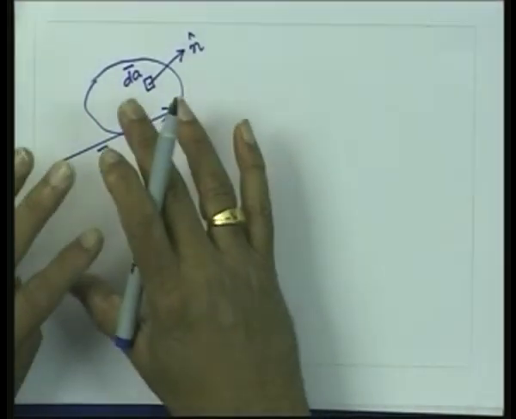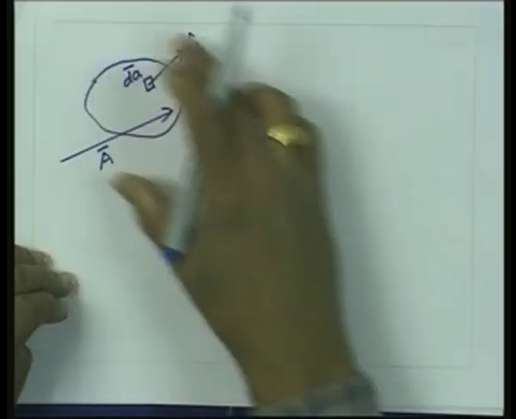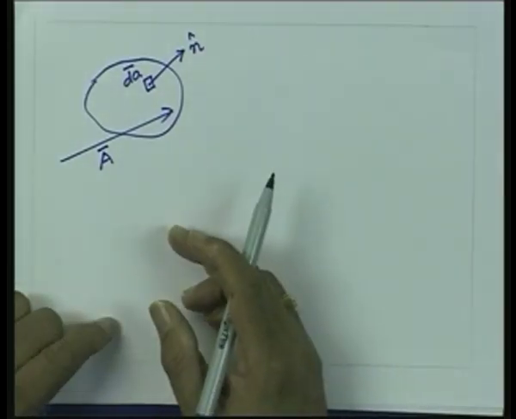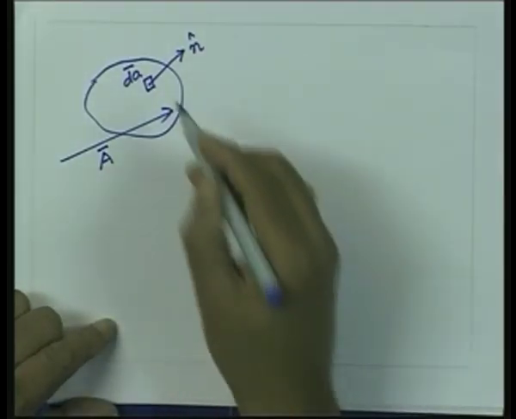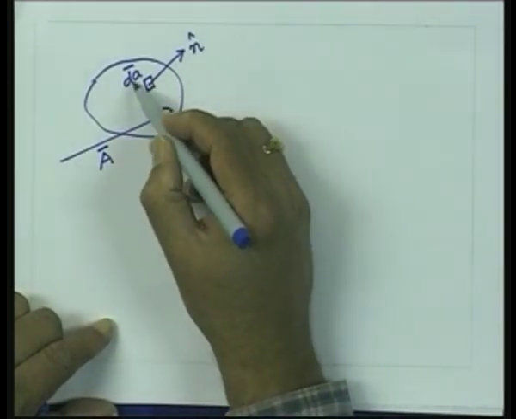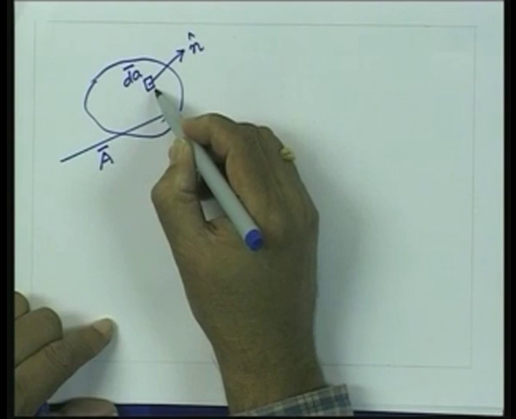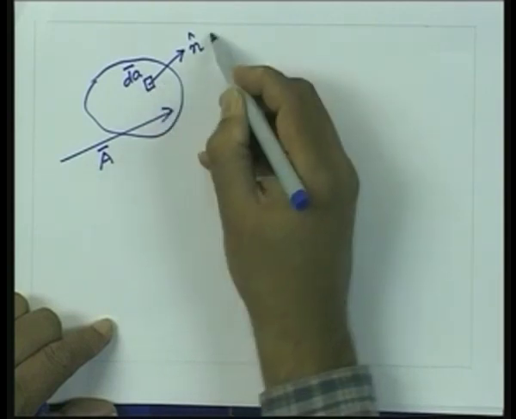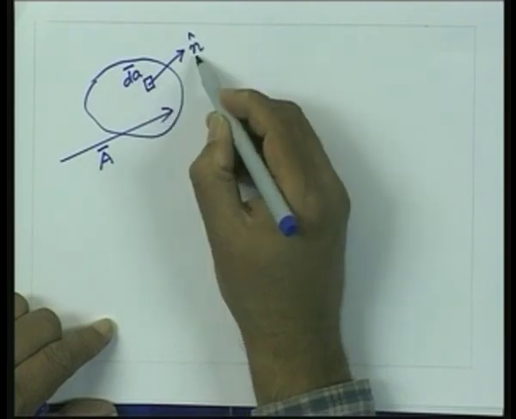So, I can define the surface integration; again, the surface may be closed or it may be open. Here the area is a vector quantity. This is the infinitesimally small area, and the direction of the area is the direction perpendicular to this area.